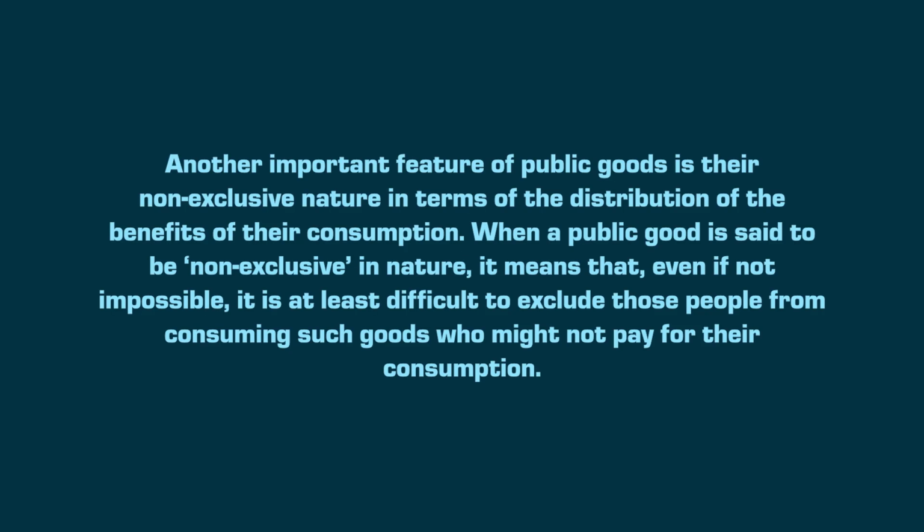Now, we move on to the second feature of public goods, which is non-excludability. Another important feature of public goods is their non-exclusive nature in terms of the distribution of the benefits of their consumption. When a public good is said to be non-exclusive in nature, it means that even if not impossible, it is at least difficult to exclude those people from consuming these goods who might not pay for their consumption.